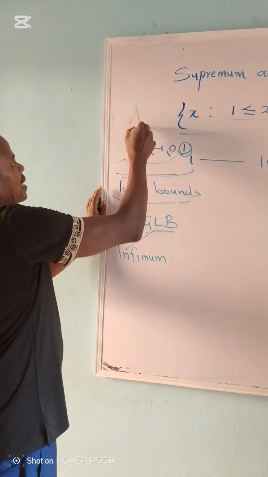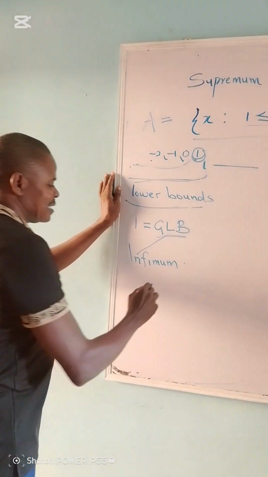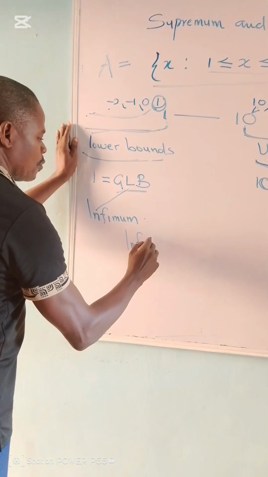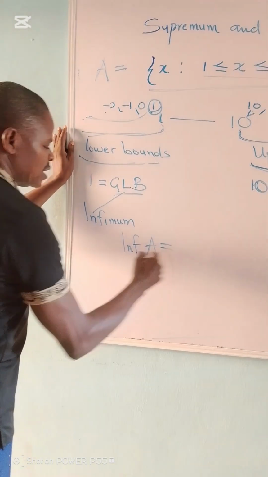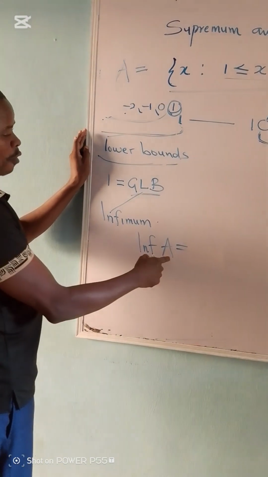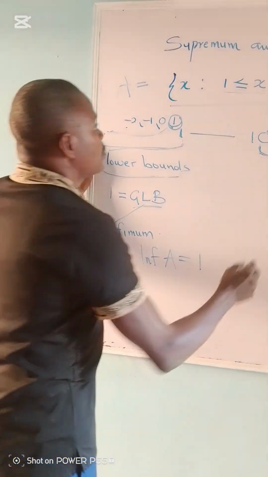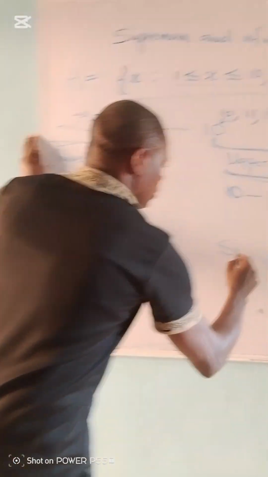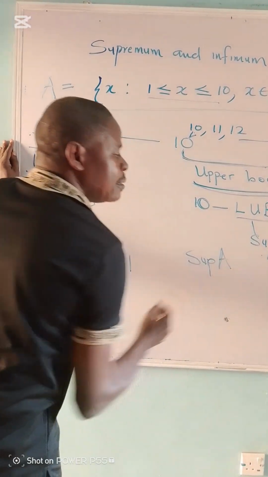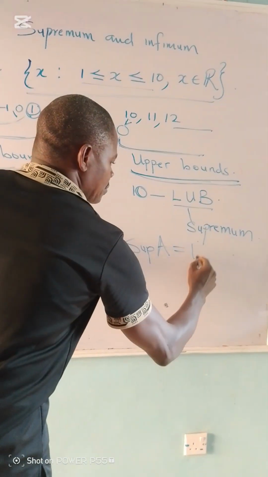If this set is A, I can say that inf of A, which means the infimum of A, is 1. Then I can say the sup of A, the supremum of A, is equal to 10.